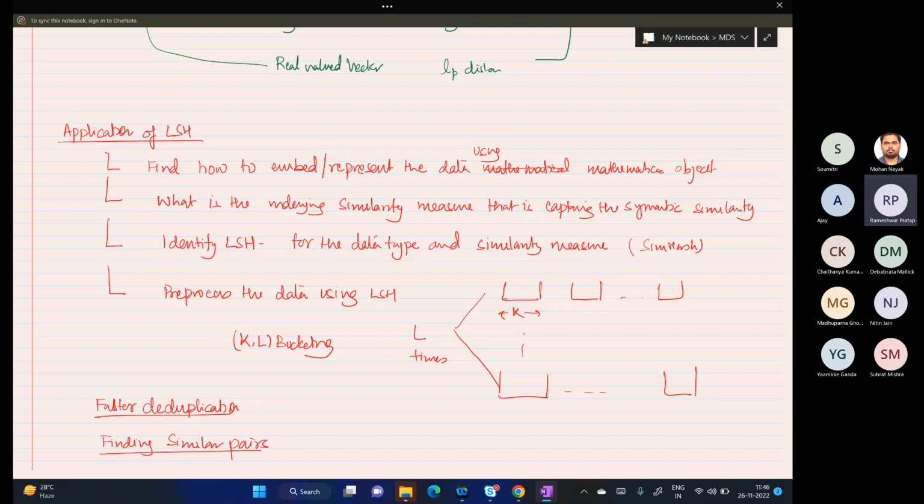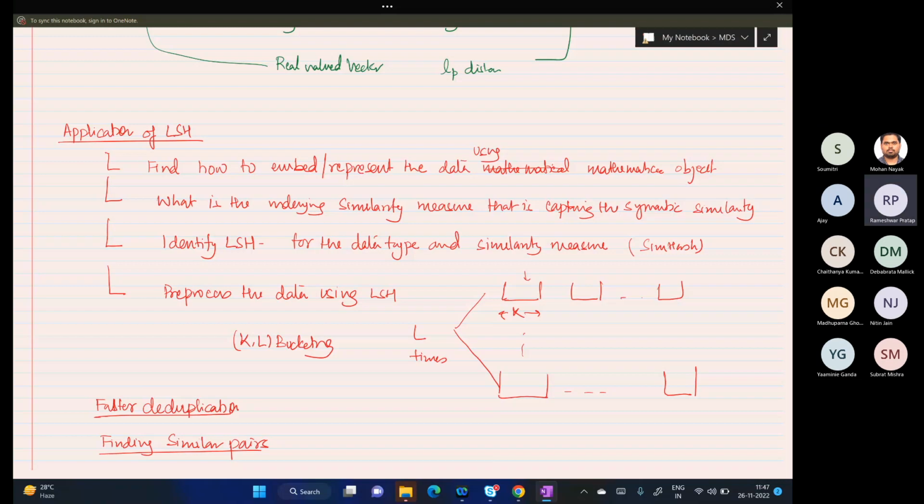If we have to do faster deduplication, we'll go in each bucket and see what all points are falling over there. And then we calculate the ground truth similarity, and based on that we can prune the duplicates. Similarly, we can use it to calculate the similar pairs. So again, we'll calculate this scale bucketing hash table, and in each bucket we'll see which points are getting mapped, and we'll calculate the pairwise distance, and from there we can prune the similar points.